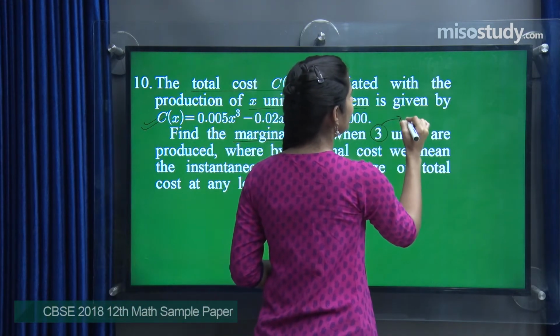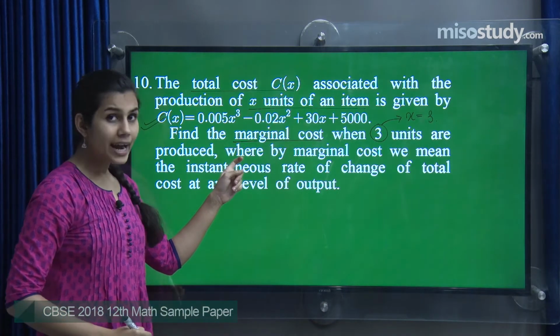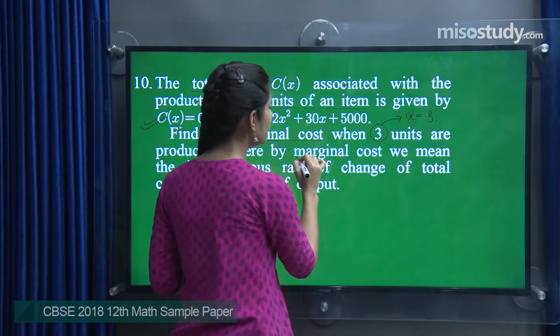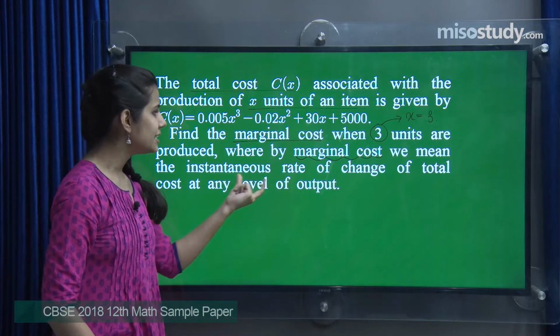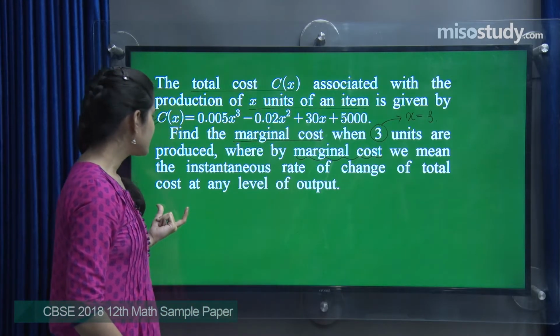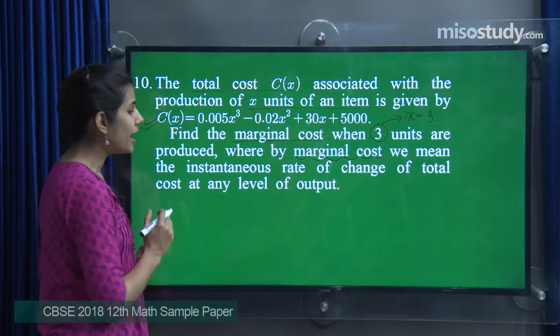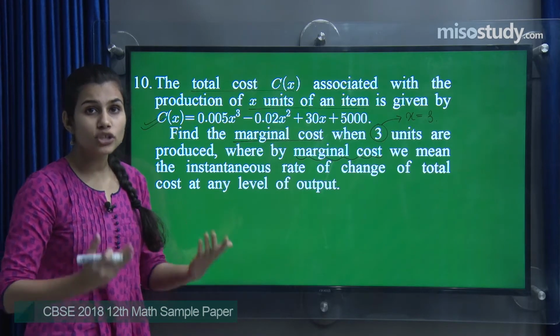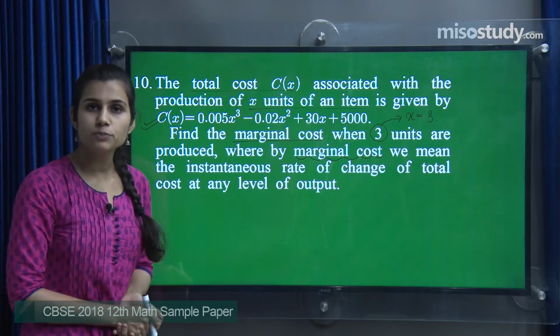So when X is equal to 3, then find the marginal cost, where they have given you the meaning of marginal cost. It is nothing but the instantaneous rate of change of total cost at any level of output. Now you should know that marginal cost is the rate of change of the total cost with respect to the output produced.